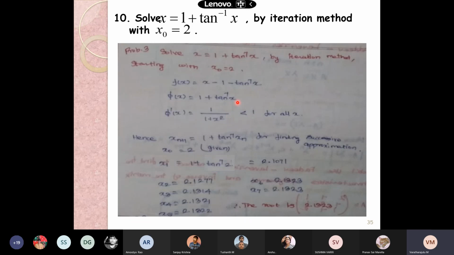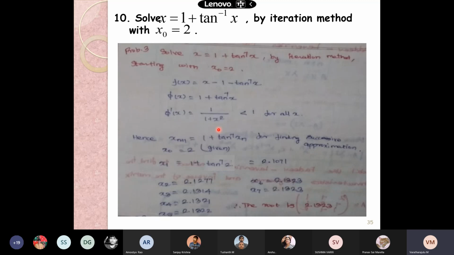Already Pranav detailed various integration formulas, but here our interest is differentiation, and the derivative of tan inverse of x is 1 by 1 plus x square. So our phi dash of x is equal to 1 by 1 plus x square.